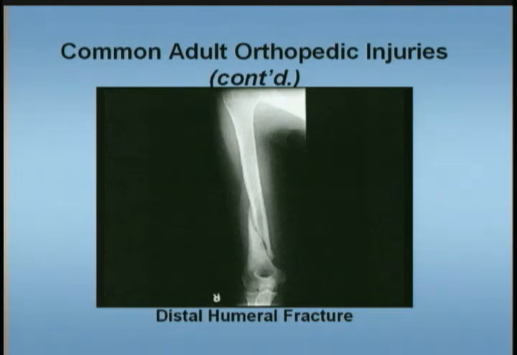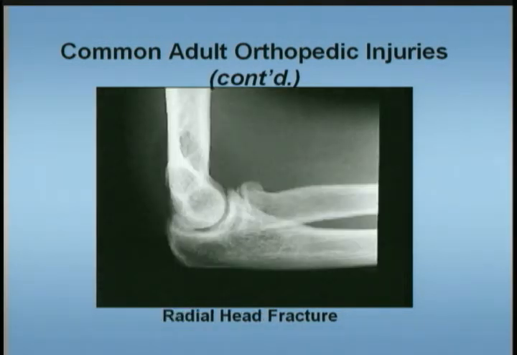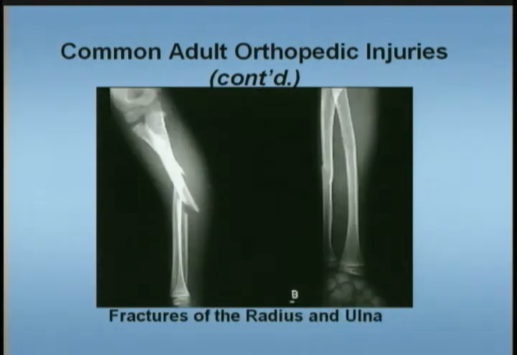Pay attention to this one because eventually we're going to talk about associated neurovascular injuries, and this would be one that could easily entrap the radial nerve. Here is a fracture of the radial head, and here is a very classical fracture of the radius and ulna.